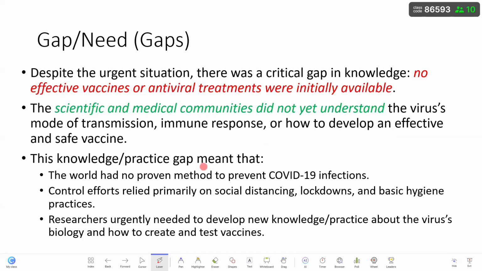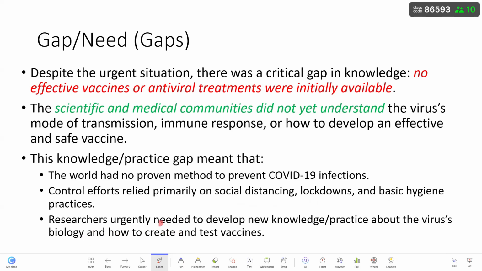Knowledge and practice gaps mean that the world had no proven method of handling these infections. They were unable to control it, and control efforts relied primarily on social distancing. Those are the things that they practiced.